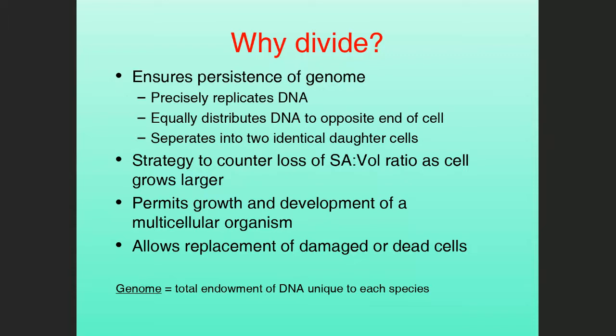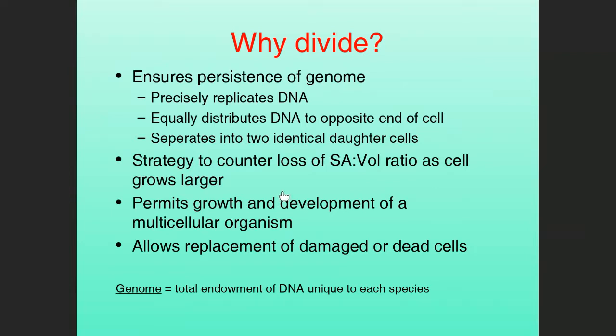To make the genome persist, to be present in the next generation. For this purpose, DNA replicates, makes its own copies, and then the chromosomes go towards the opposite ends of the cell and get separated into the two daughter cells.